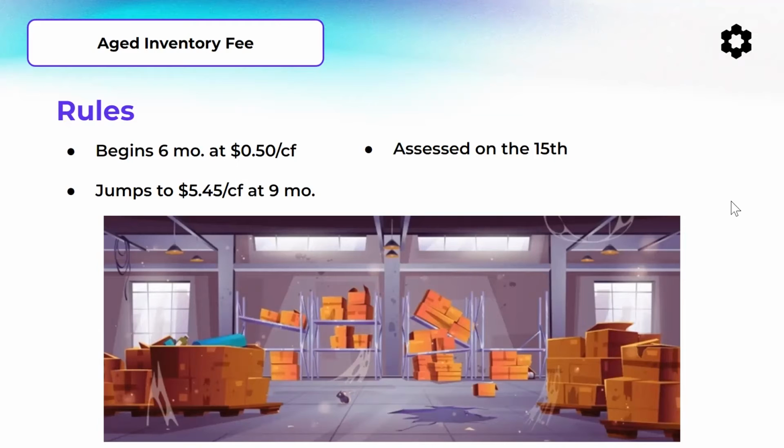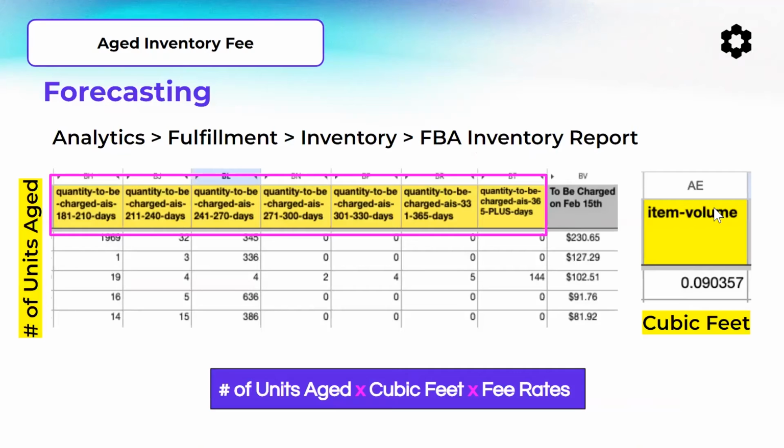The other important rule to know is that Amazon assesses for aged inventory the 15th of every month. This gives you a deadline for being able to react. If you know that whatever inventory is sitting there is going to be charged a bunch of money, then you should be planning the entire month leading up to that.